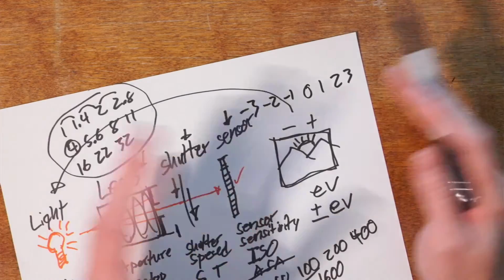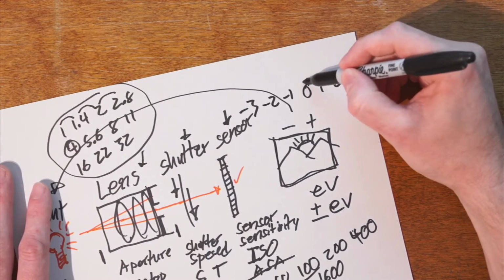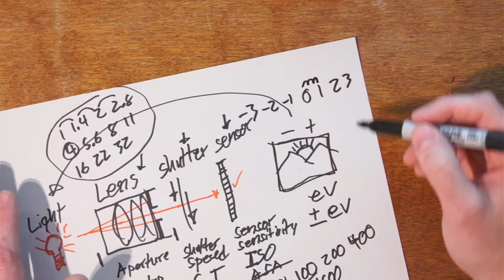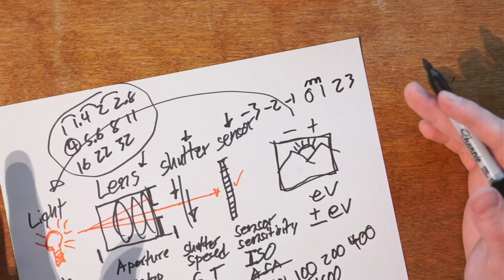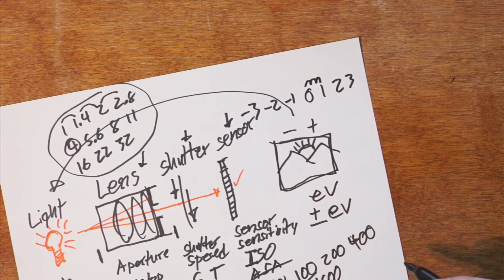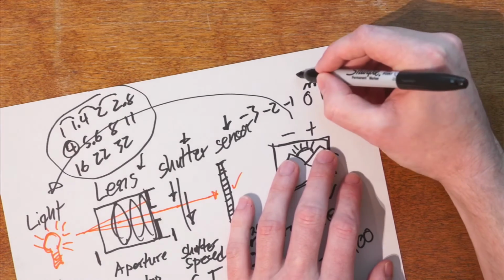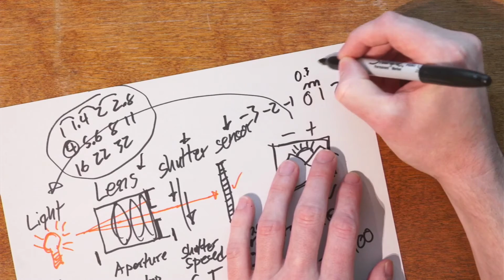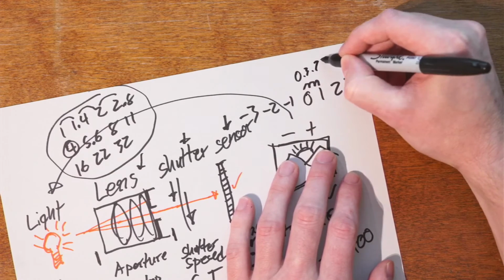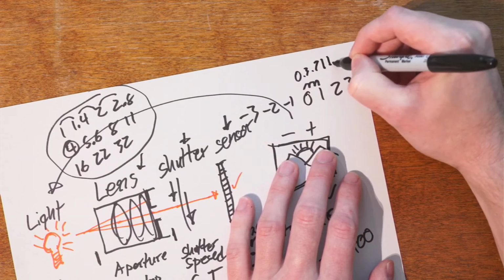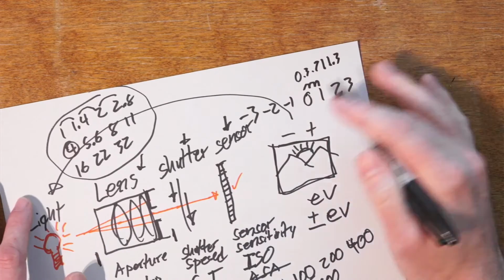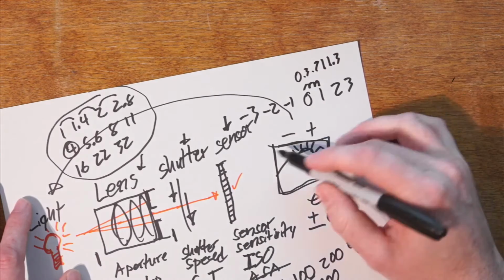Some go bigger, some go less. Generally, this is in 1/3 stops. I don't think I've seen many or any that do single click. Generally, the clicks are 1/3 of a stop in either direction. So you will see values like 0, 0.3, 0.7, 1, 1.3, and so on and so forth, right? Approximate thirds as you go up and down.